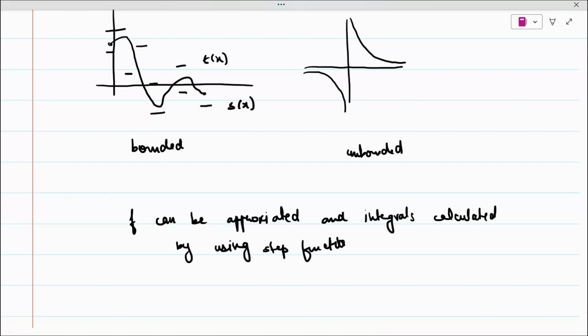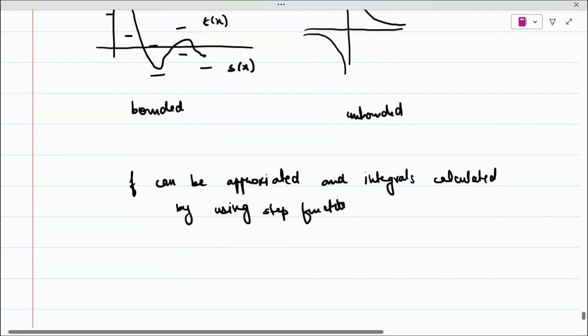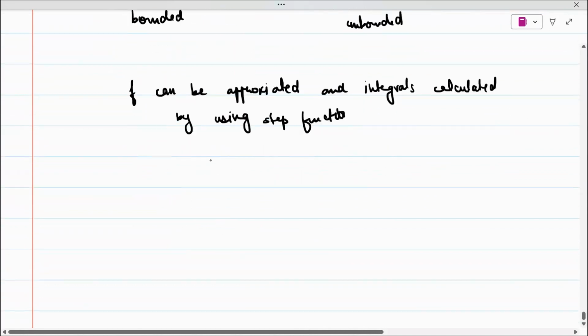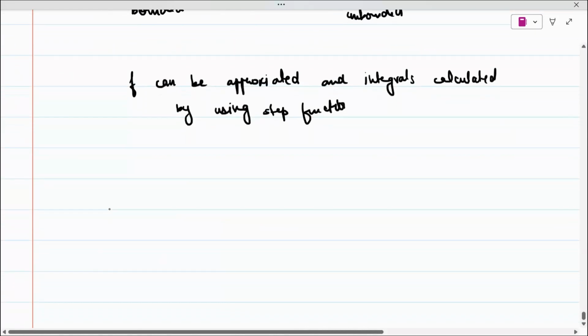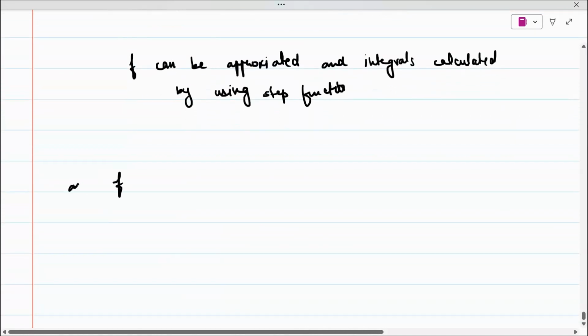And it must also obey the comparison theorem. So first you approximate f by s and t. This is below f, this is above.